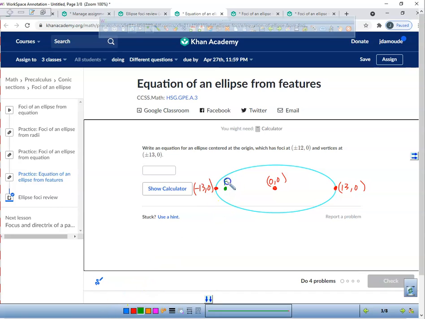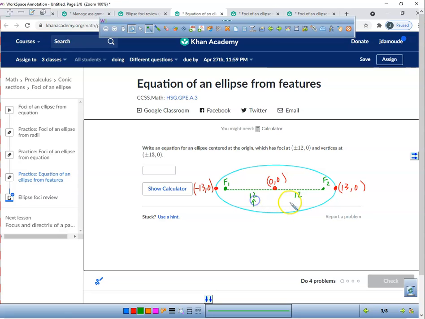I'm going to call it focus 1, and this focus 2. Now, what's the distance from there to there, from there to there? That's the plus or minus 12, okay? So this is 12 units, this is 12 units.